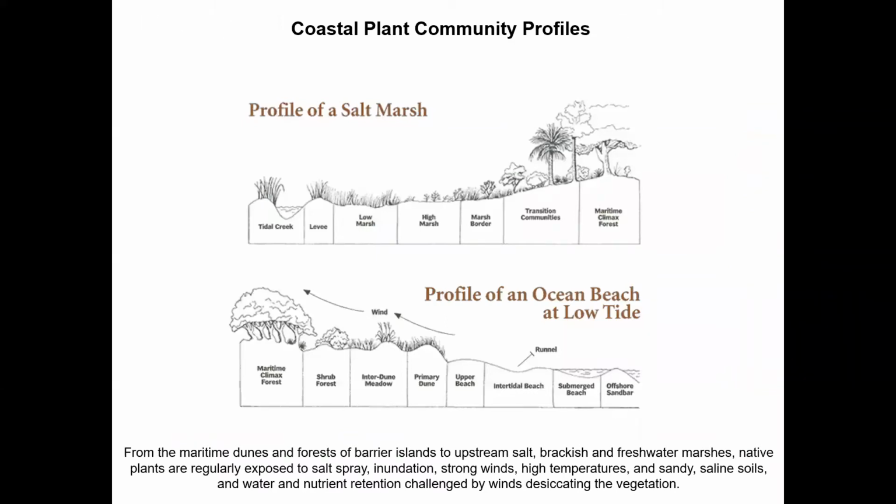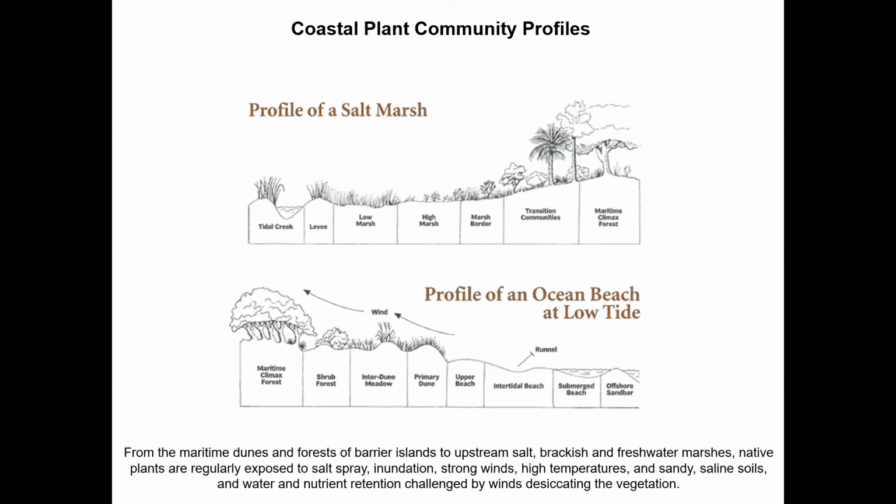So this is just an example of two types of coastal plant community profiles, one of a salt marsh and one of ocean beach. Basically, if you look at the top profile of the salt marsh, from the left, from the tidal creek, leading up and moving toward the maritime forest, you will see a change in the gradation of the salt spray or the inundation, the strong winds and high temperatures.